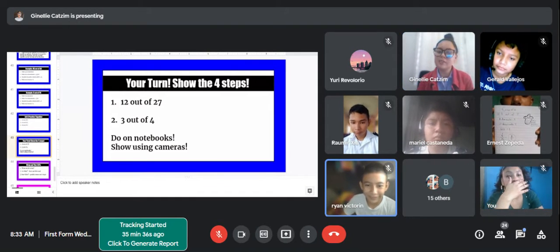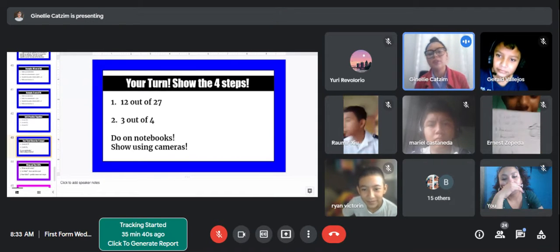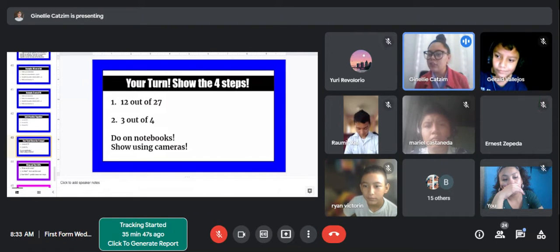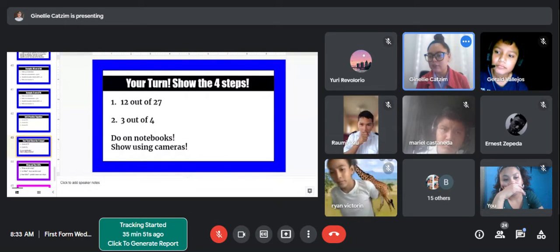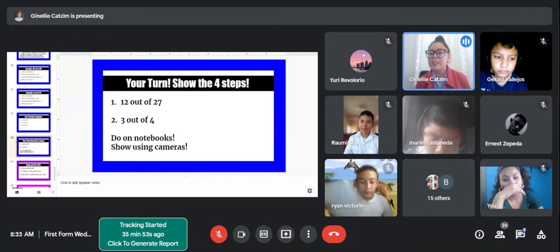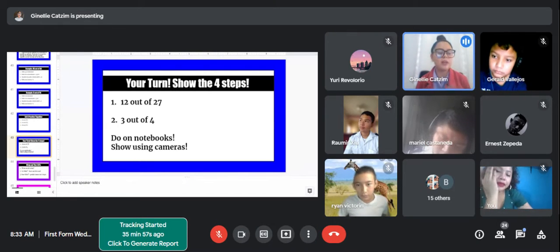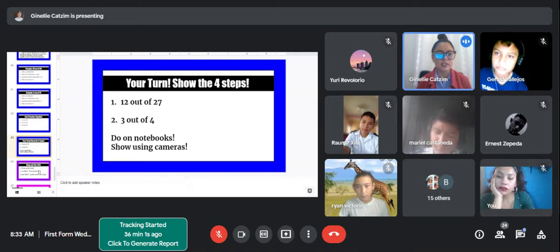Just do 3 over 4, write the numerator, write the denominator, and that's it. We do not have to simplify anymore. So good, Ernest, and thank you for reminding me. So yes, the answer for number 2 is 3/4. We cannot simplify that anymore. That is good as it is.